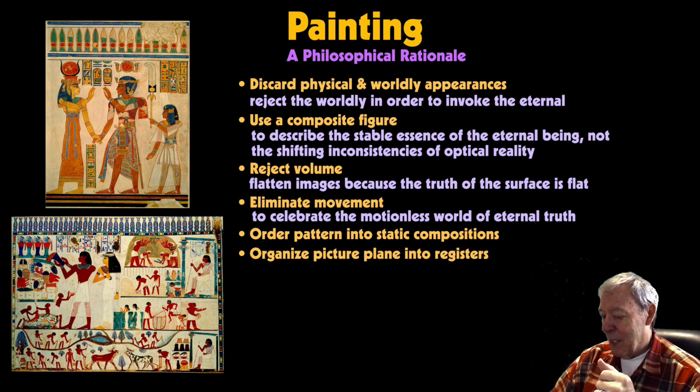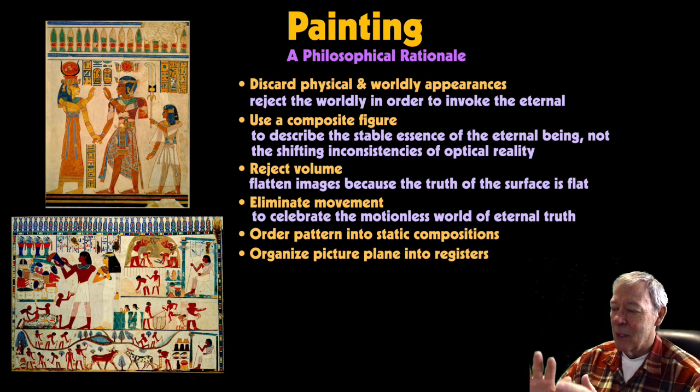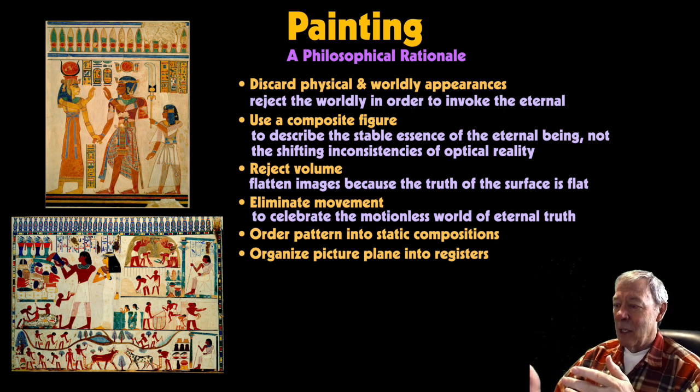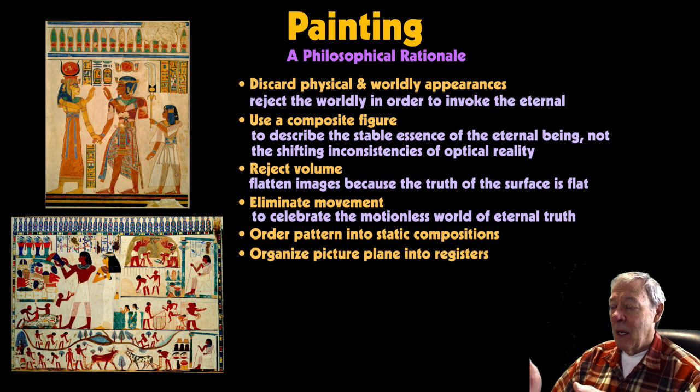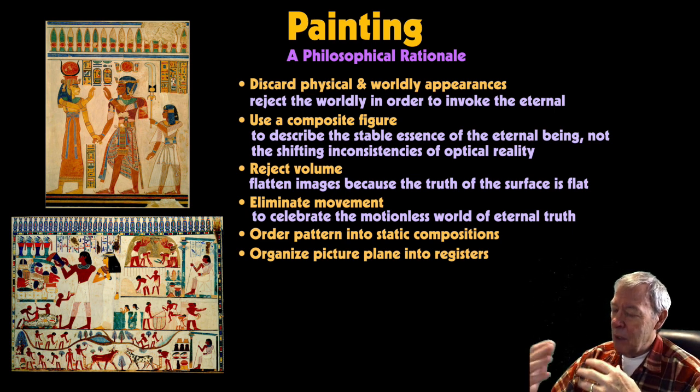Order pattern into static compositions. Again, you have to go back time and time again to this concept of eternity. That's why I advised you at the beginning of the term that the core principle in understanding Egypt, both in their art and in their architecture, at least the examples that we look at, or that have remained, is the concept of eternity.